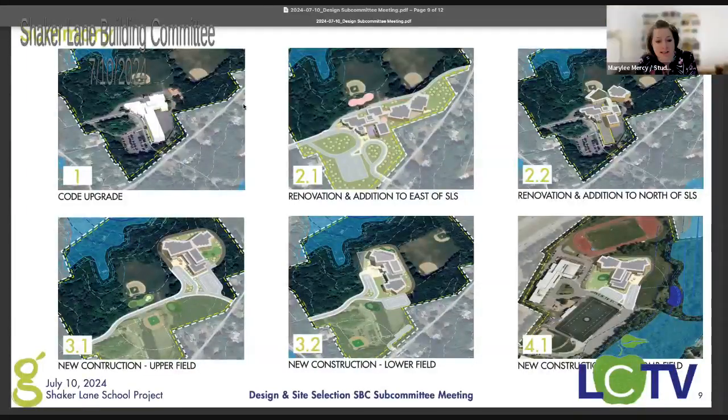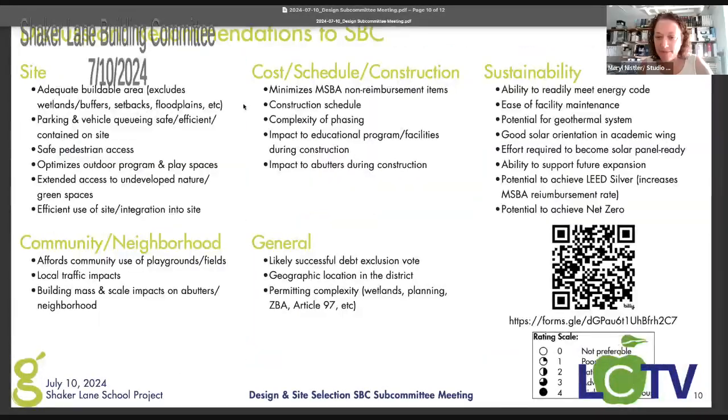I'll just go through the last couple of slides here so that you can go if you need to. This is just a reminder of what all of the selection criteria were, and then a QR code and a link there to go fill out the form. It's going to take you through every single option and ask you to rank these on a scale of 0 to 4 on all of these qualities.